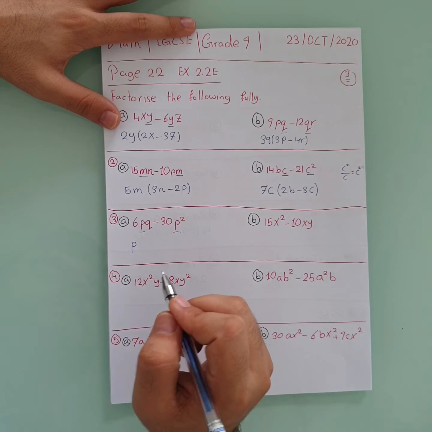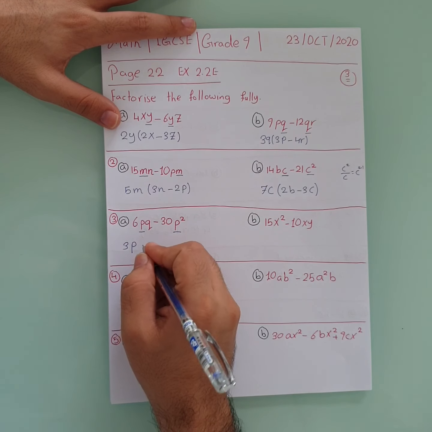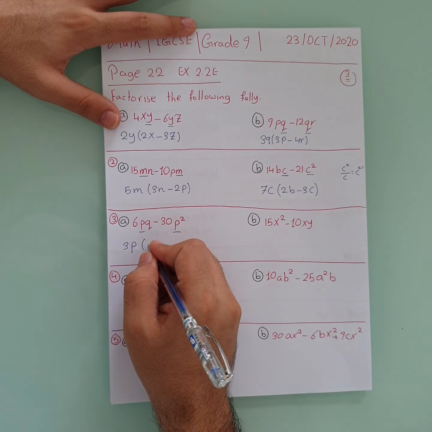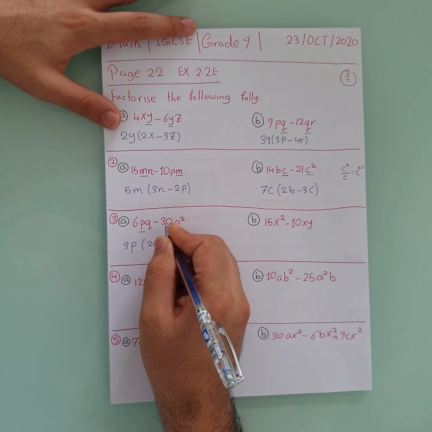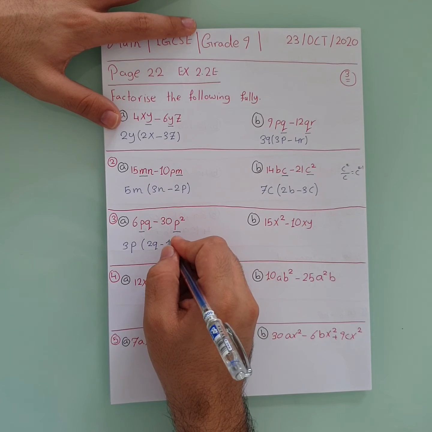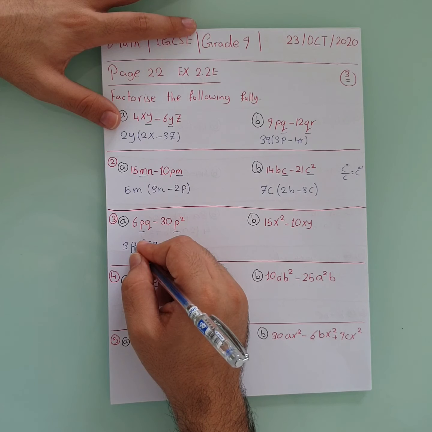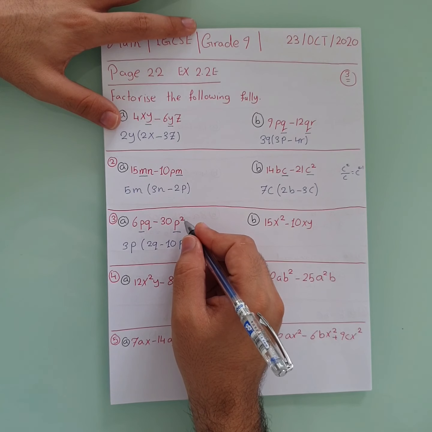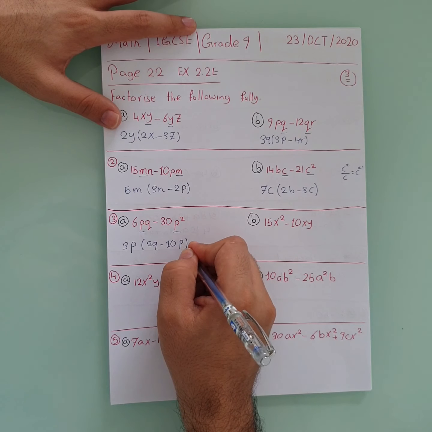Is there any common factor here? Yes, there is, which is number 3. So 6 divided by 3 is 2q, minus 30 divided by 3 is 10p only, because p to the power of 2 divided by p, subtract the powers. 2 minus 1 is 1, which is p to the power of 1, which is only p.